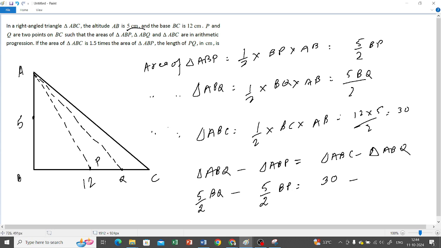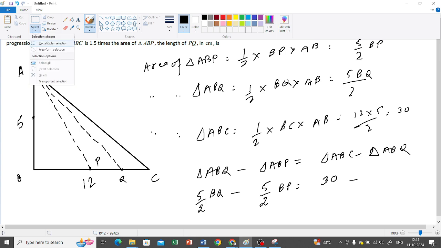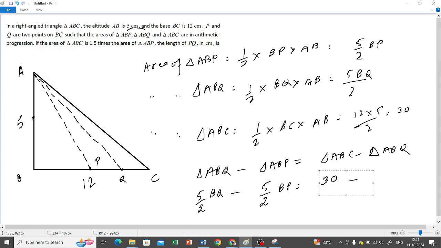So instead of writing 30 as triangle ABC, let me include this relationship: 1.5 times half into 5 by 2 BP, minus the area of triangle ABQ, that is 5 by 2 PQ.